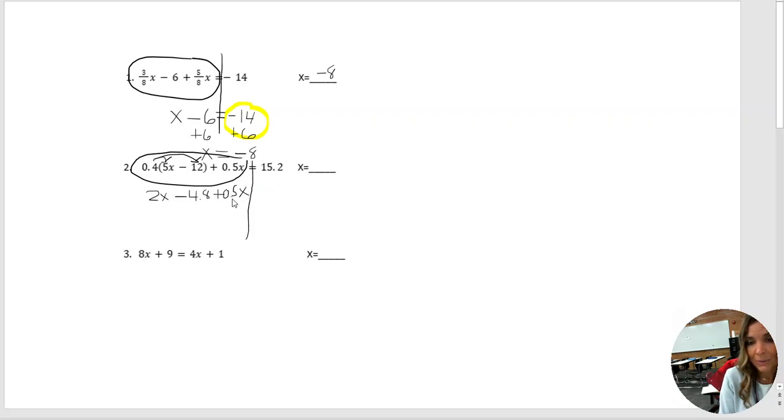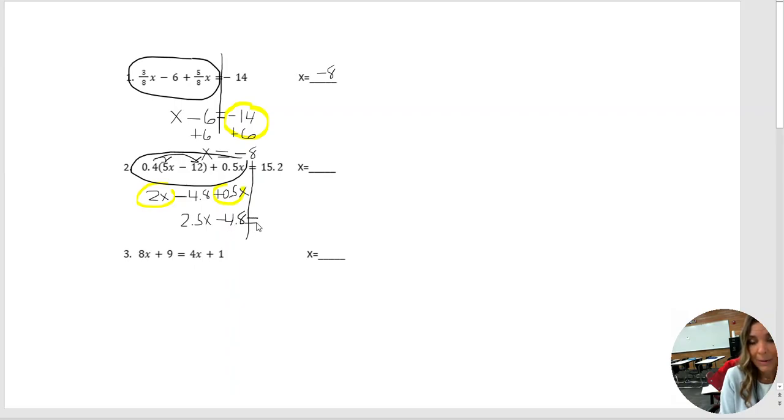Now, after we distribute, we have to combine like terms, and so we're going to combine this 2x and this positive 0.5x, that gives us 2.5 times x minus 4.8 on the left side.